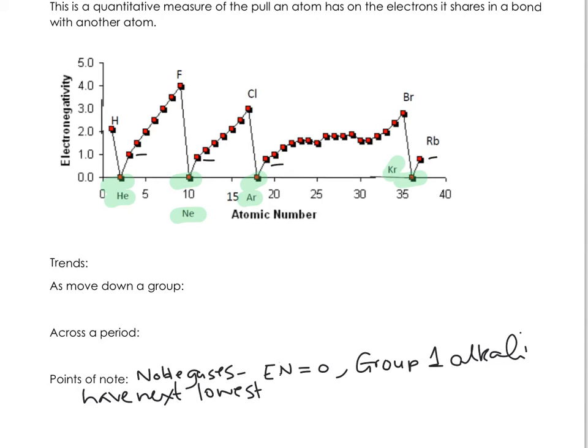So as we move down a group, like the alkali metals, the values go down. The values decrease.